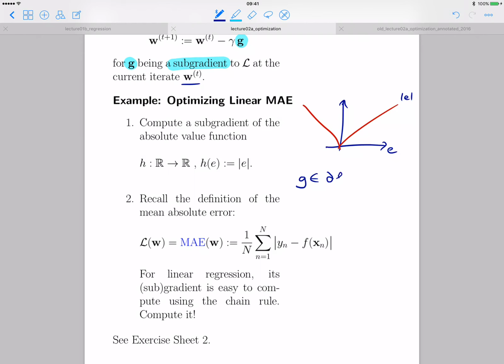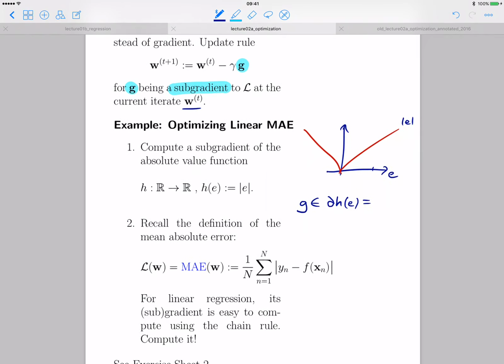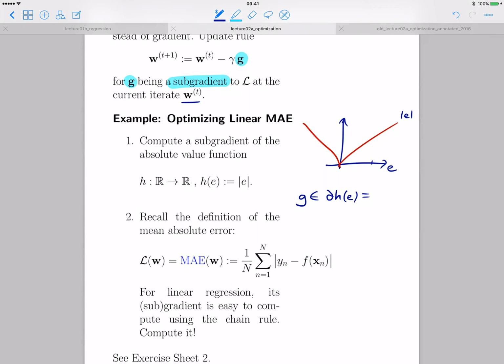Subgradient of h at my current position. So this is the set including all these guys, and here we have only one parameter. So which of these parameters is the subgradient at e? So -1 plus 1. Okay, but for which e? For e equal to 0, you are claiming that it's anything from -1 to 1.